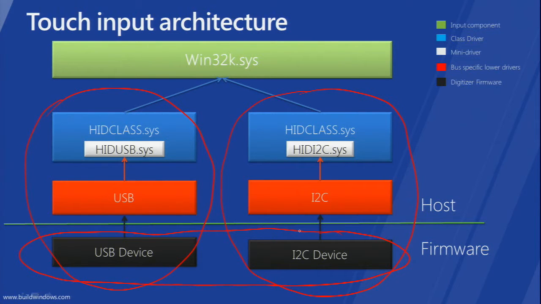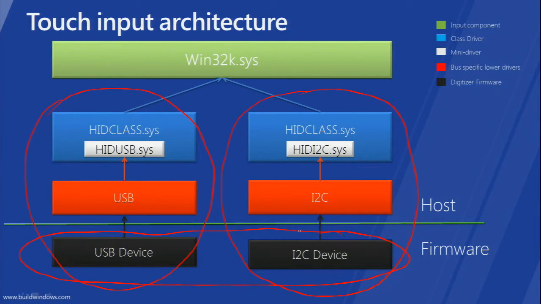So the red portion of both stacks actually represents the bus-specific drivers on the side of the host. And if you're familiar with the USB stack on Windows, you'd know that there's actually a complex architecture hidden under that red portion of the diagram. The I2C story is a little simpler, but it's not really that relevant to the current discussion, so I just left those out.